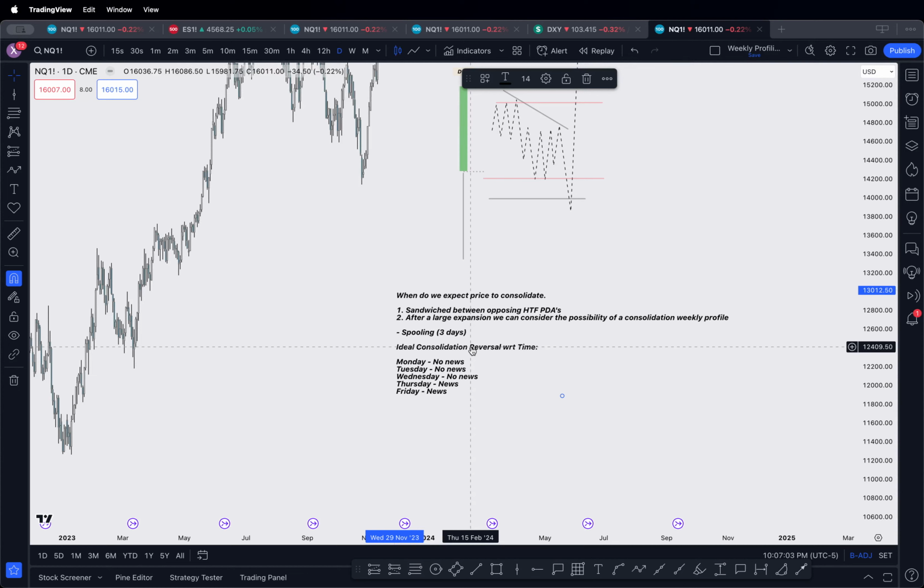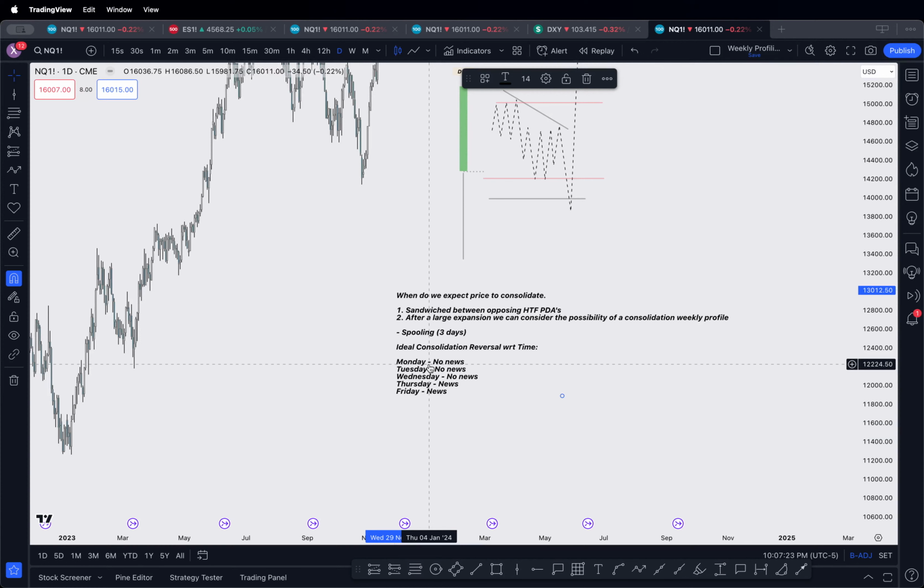Make sense? Okay. So if we have news, for example, on Monday and Tuesday, and we're considering any possibility of weekly profiles. Say, for example, there's Monday news and Tuesday news, and then Thursday news and Friday news.